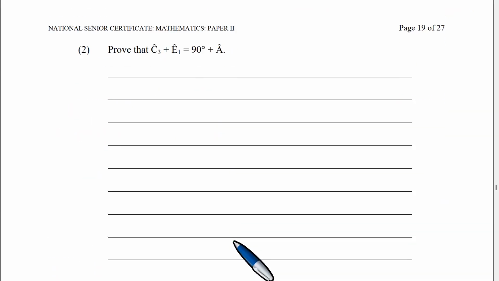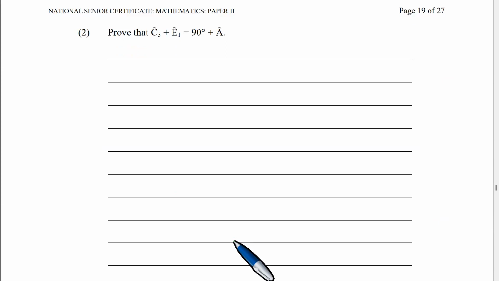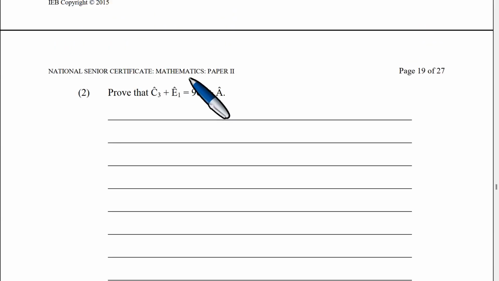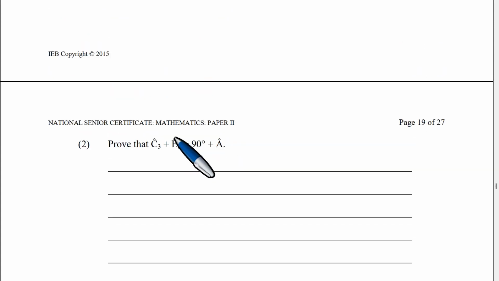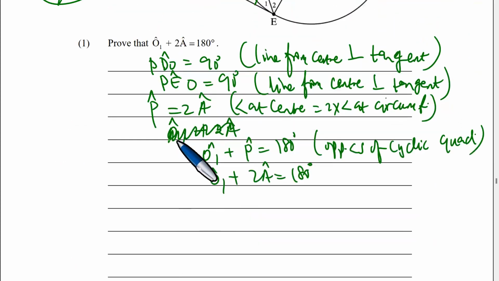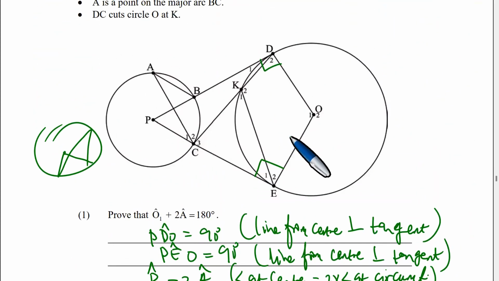Prove that C3 plus E1 is equal to 90 degrees plus A. Right, a couple of things are very important. You can start by looking at the angle O2. We can use a different way from the method we used last time.